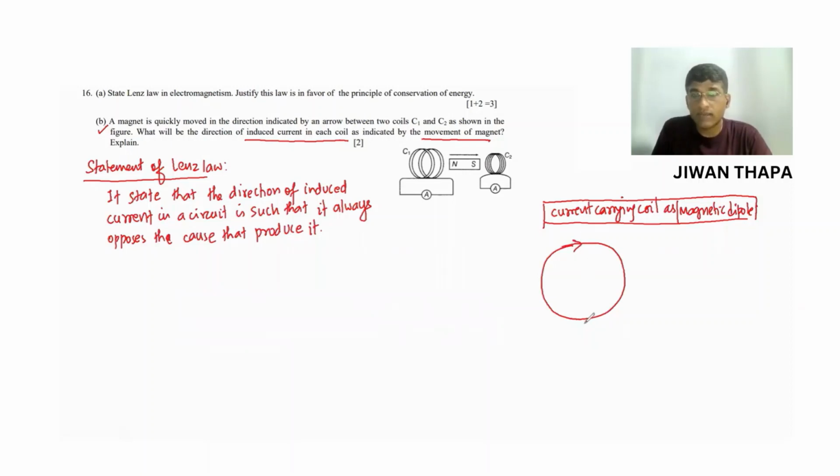Let's say current I is flowing in clockwise direction. So if we are watching from this side, then the face towards the reader behaves as south. So if current is flowing in clockwise direction, then the face towards the reader behaves as south.